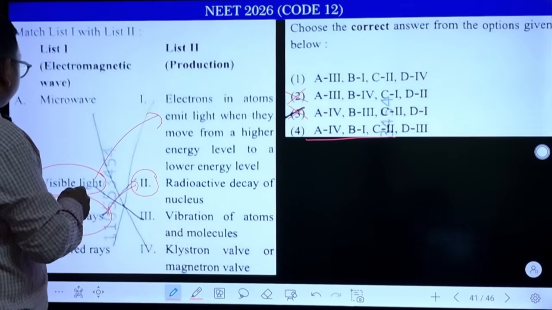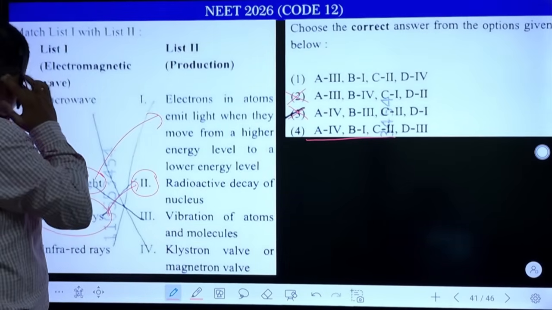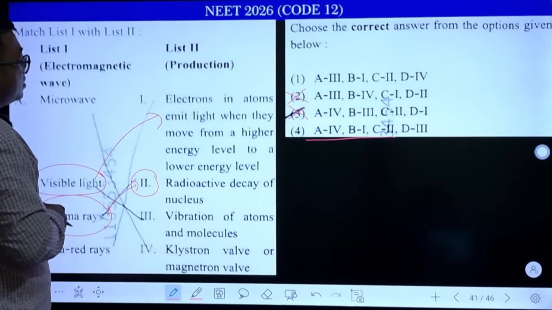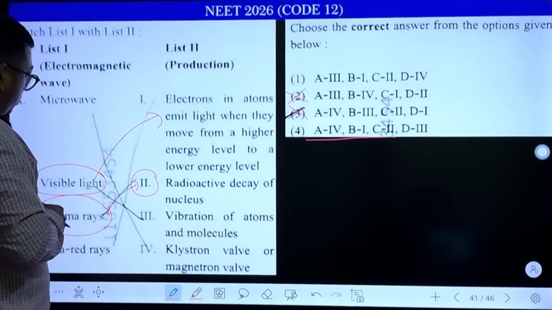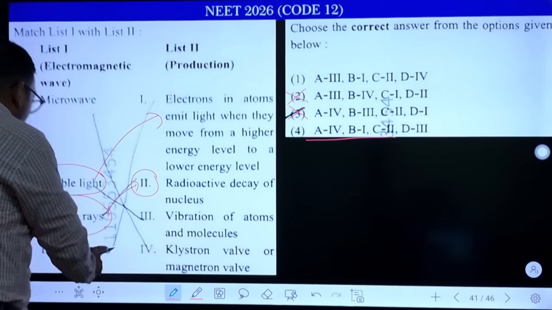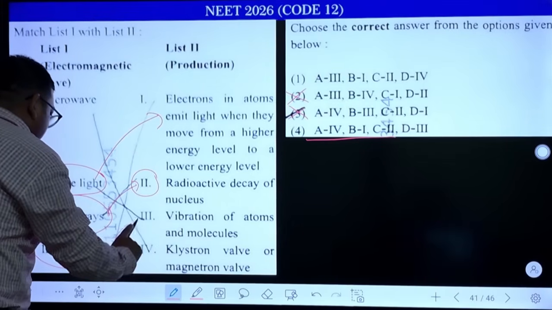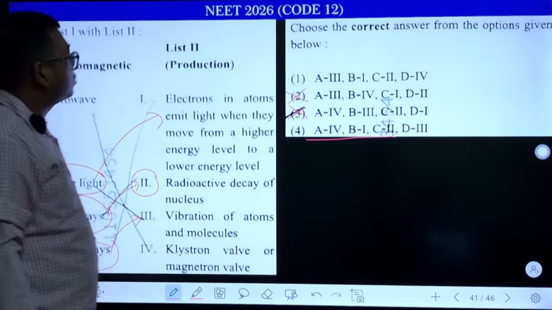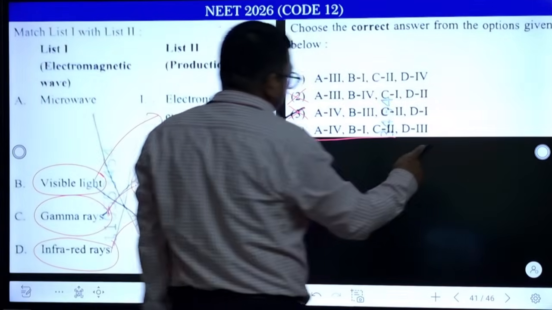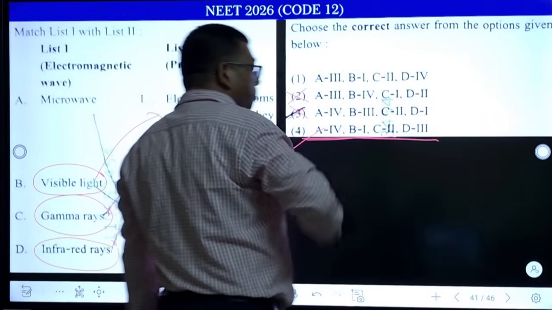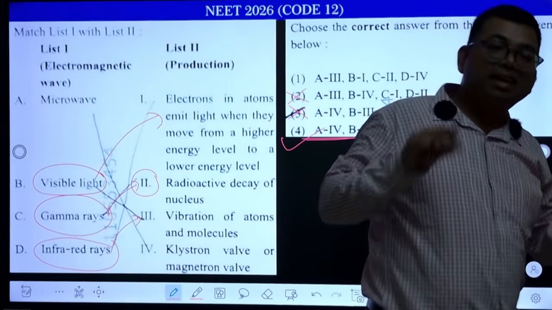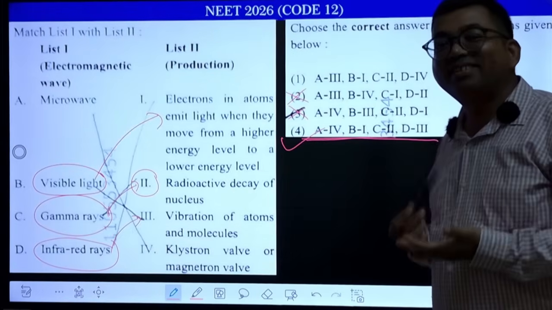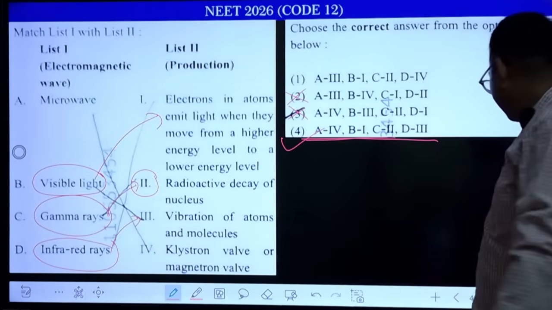A we do not know. A you check. Microwave. Can it match with third? Vibration of atoms. Oh, infrared. Infrared means heat waves which are due to vibration. So D will be 3 and A will be 4. Yes, this is the correct answer. Completely a theoretical question, direct copy paste from NCERT. Again, they are bringing all those NEET aspirants back to NCERT, right?